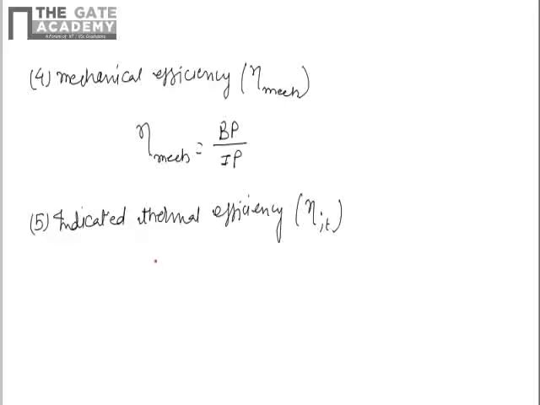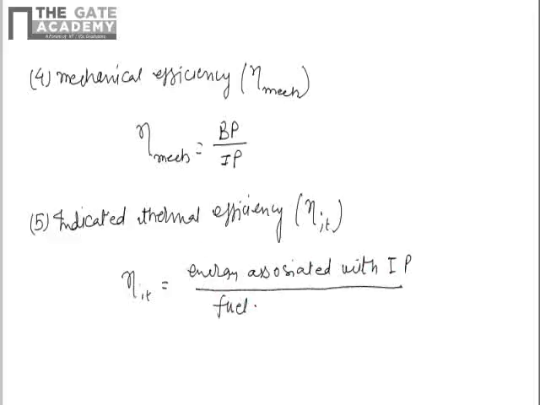So I can write IP divided by MF into calorific value, where MF is the mass of the fuel and CV is the calorific value.